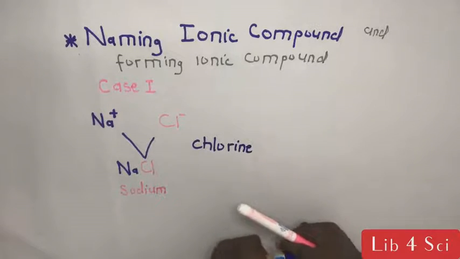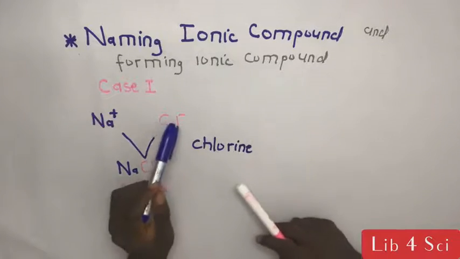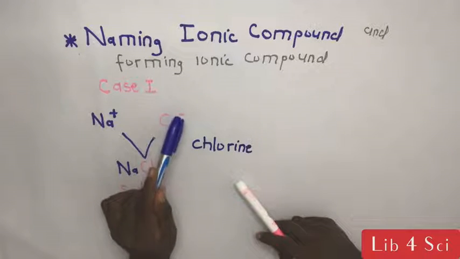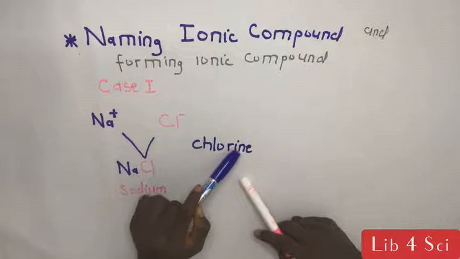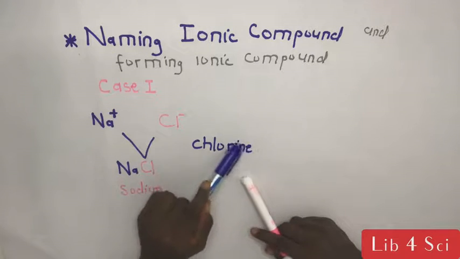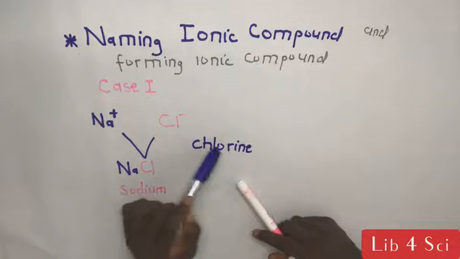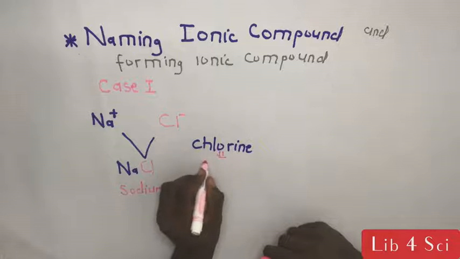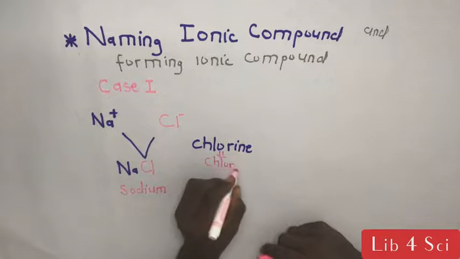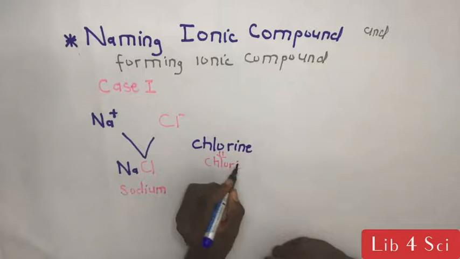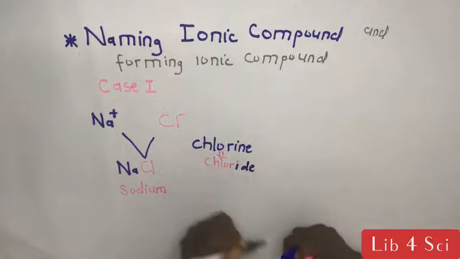Now, in naming ionic compounds, whenever you want to name the anion, if the anion is 1 atom, the last 2 or 3 letters should be removed and replaced by IDE. We're going to do the same thing for chlorine. When we do that, we get chloride.